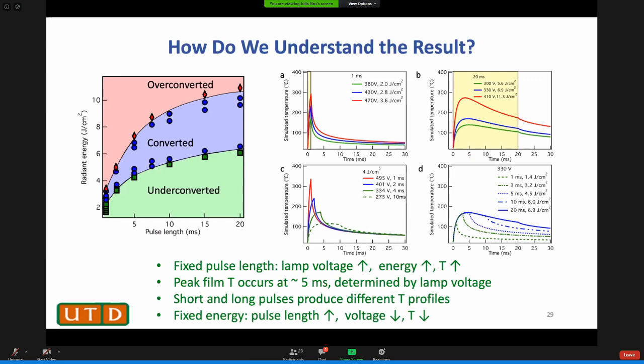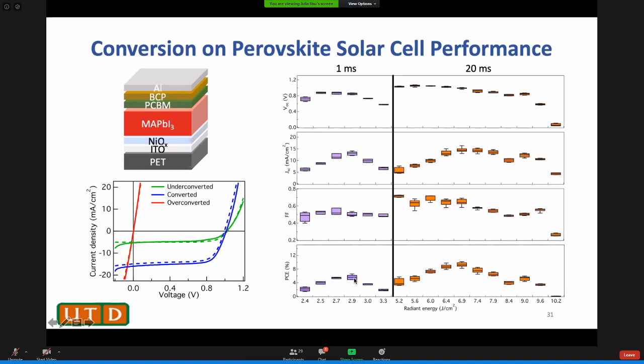So overall, when you multiply these three together, you have an upside down U shape. The intermediate energy gives the best result, but the 20 millisecond gives better results than 1 millisecond. If we look at SEM, the 20 millisecond film is very dense, while the 1 millisecond film is very porous.